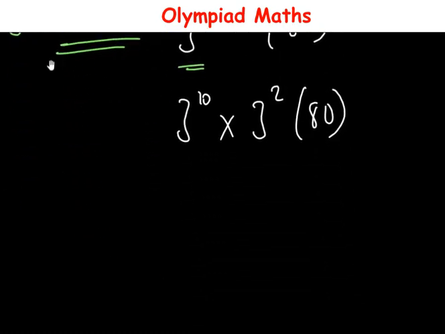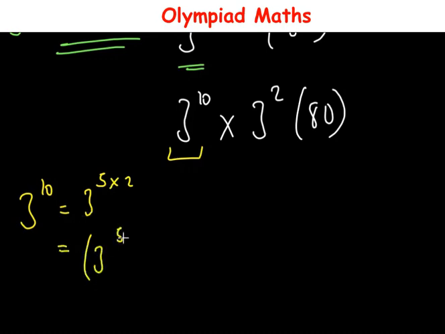Next we simplify 3 raised to power 10. This can be written as 3 raised to power 5 times 2, which is 3 raised to power 5, all raised to power 2.